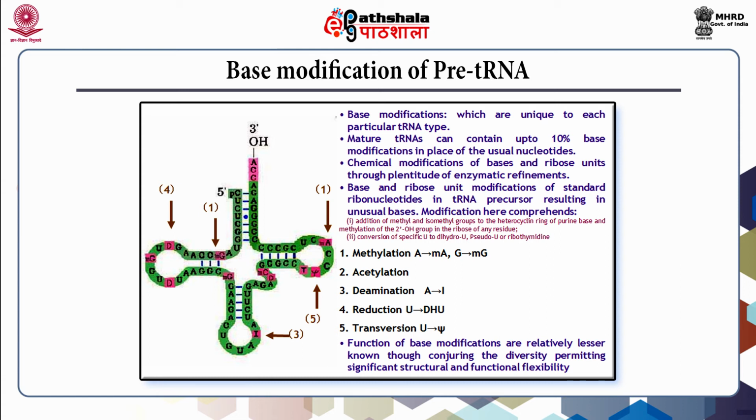The modification here comprehends methylation, acetylation, deamination, reduction, rearrangement, attachment of isopentenyl or SH groups of bases. These alterations, occurring approximately in 1 in 10 nucleotides identified in tRNAs, conjure the diversity permitting significant structural and functional flexibility.